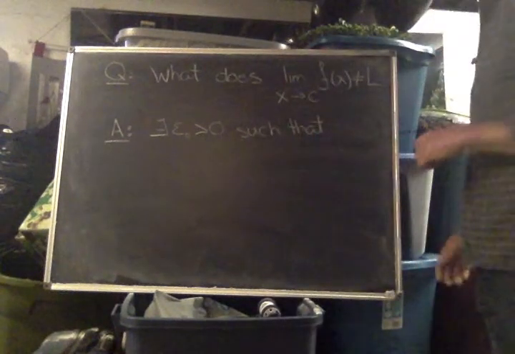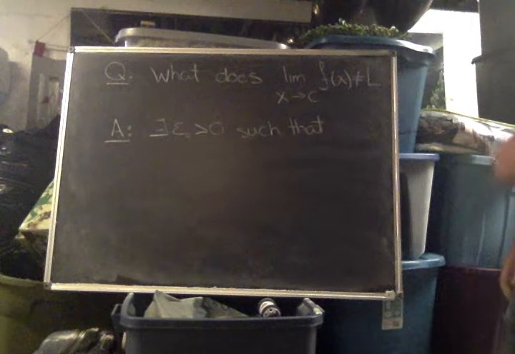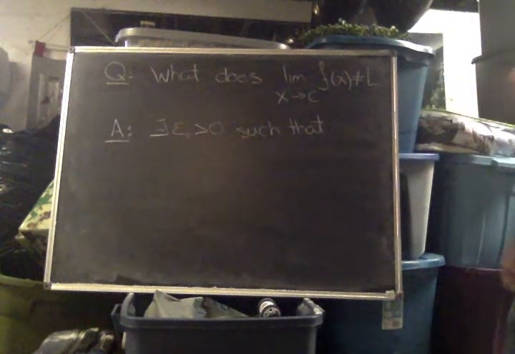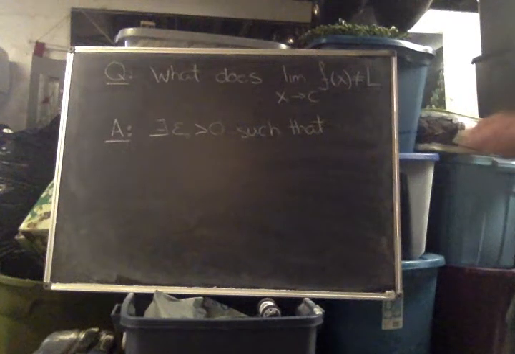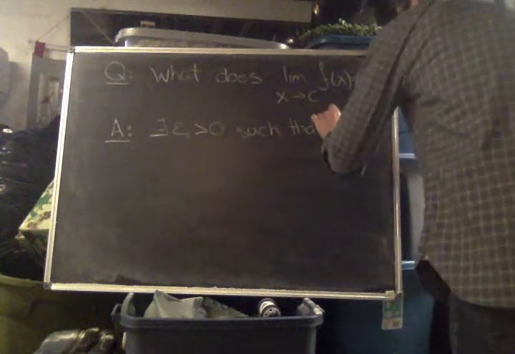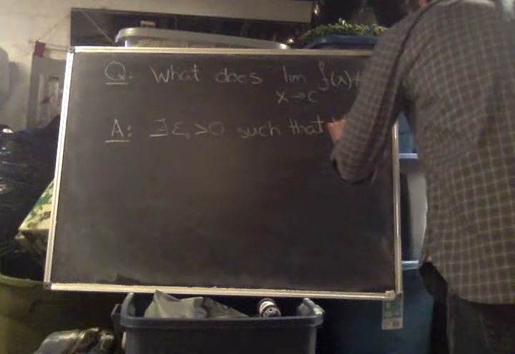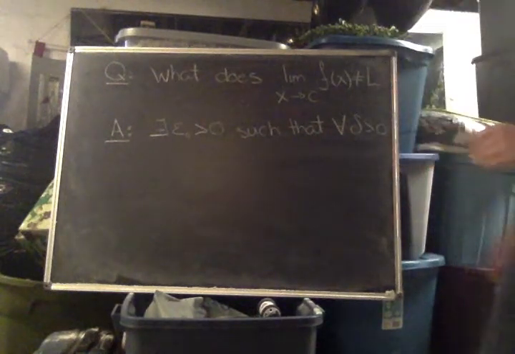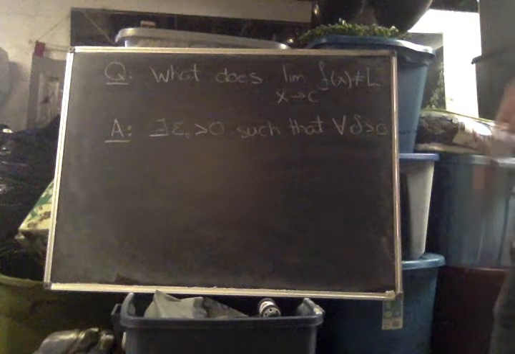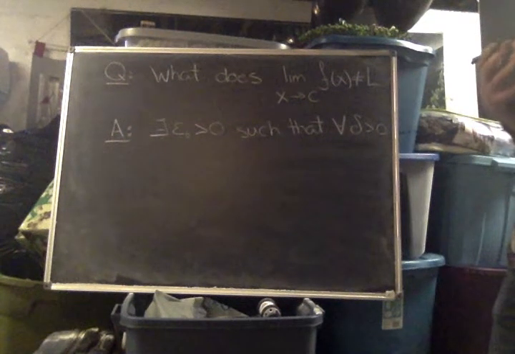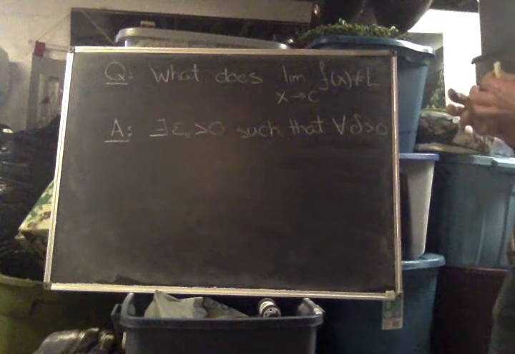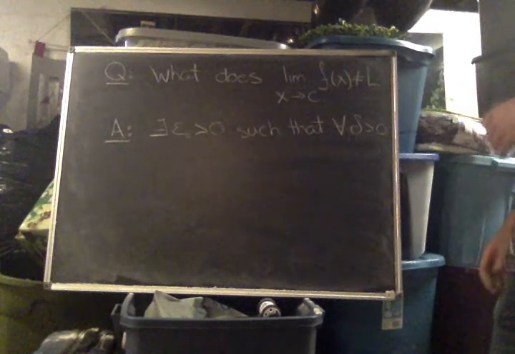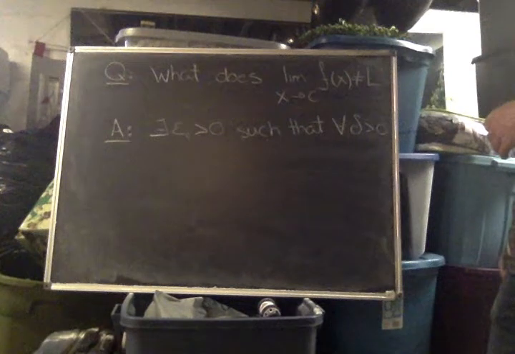now formerly we had there exists a delta greater than 0, and now we're negating everything logically, so it should be such that for all delta greater than 0. And before, we had a statement that held for all the x's that satisfied absolute value of x minus c less than delta.